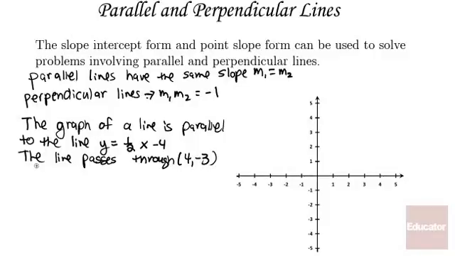I can also write an equation for the line I'm looking for. So the graph of a line is parallel to the line y equals 1/2 x minus 4, and the line I'm looking for passes through a certain point.